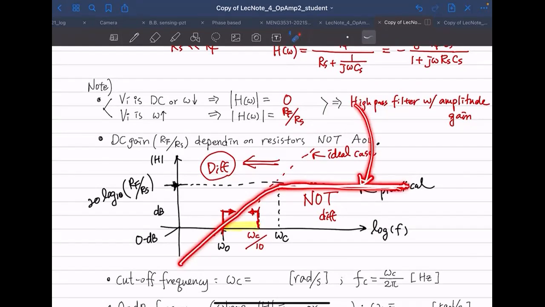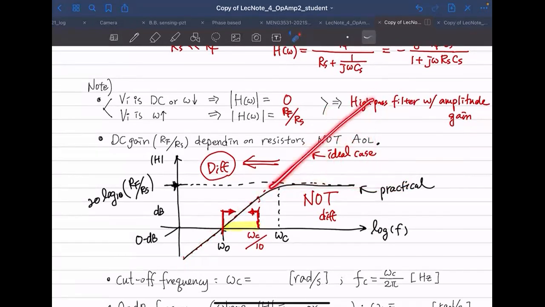However, by chopping this down, we are losing this frequency range because our ideal and practical are different. So that means our practical circuit is not following an ideal response at all. Only this frequency range, frequencies lower than the cutoff, only follows the ideal response. So here is the range you want to use for differentiation.